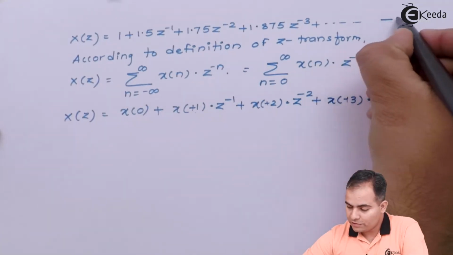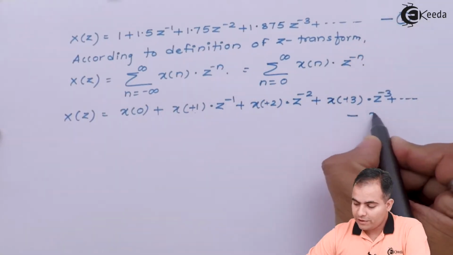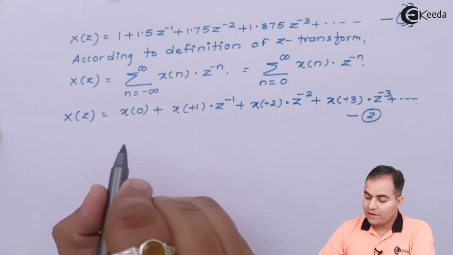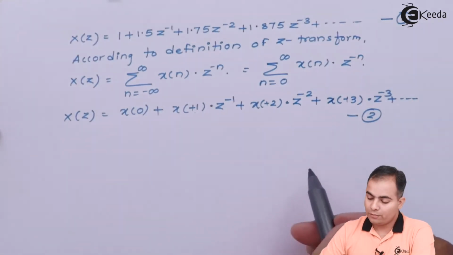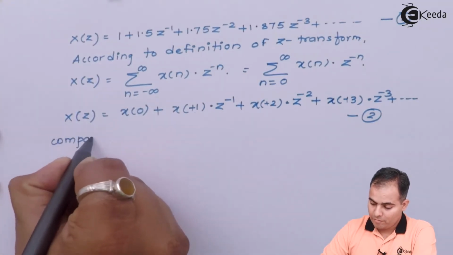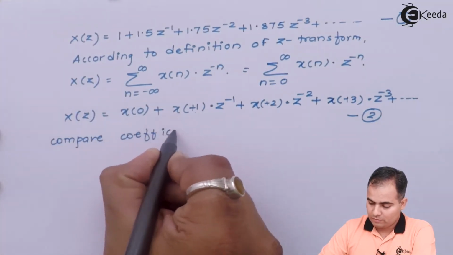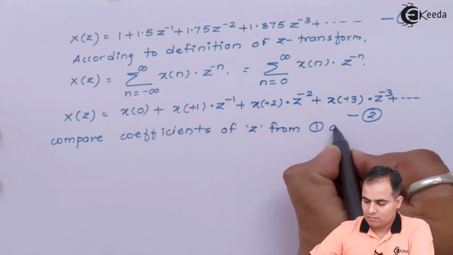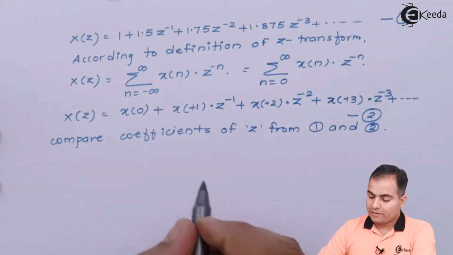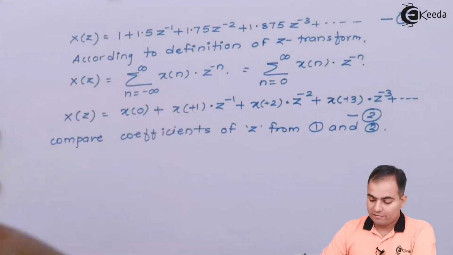Let's say this is my equation number 1 and this one is my equation number 2. So compare the coefficients of z from 1 and 2. What will you get? x of 0 value is 1.